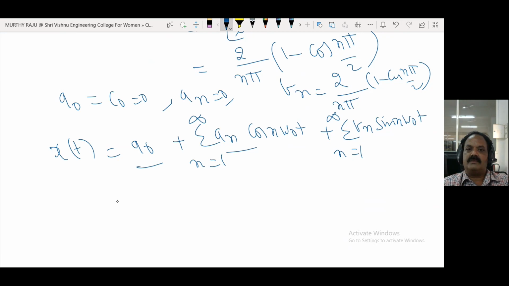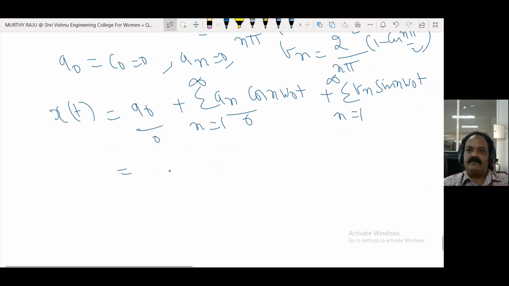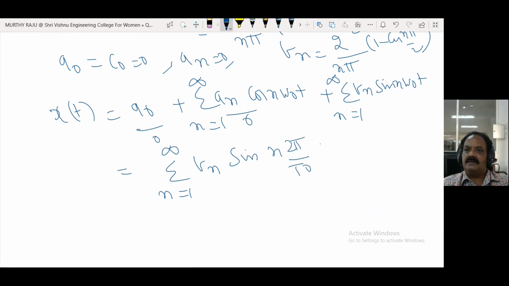These two are zeros, and finally x of t is equal to sigma n equals 1 to infinity Bn sin n omega naught t, where omega naught is 2 pi by T naught. Here T naught is 4.